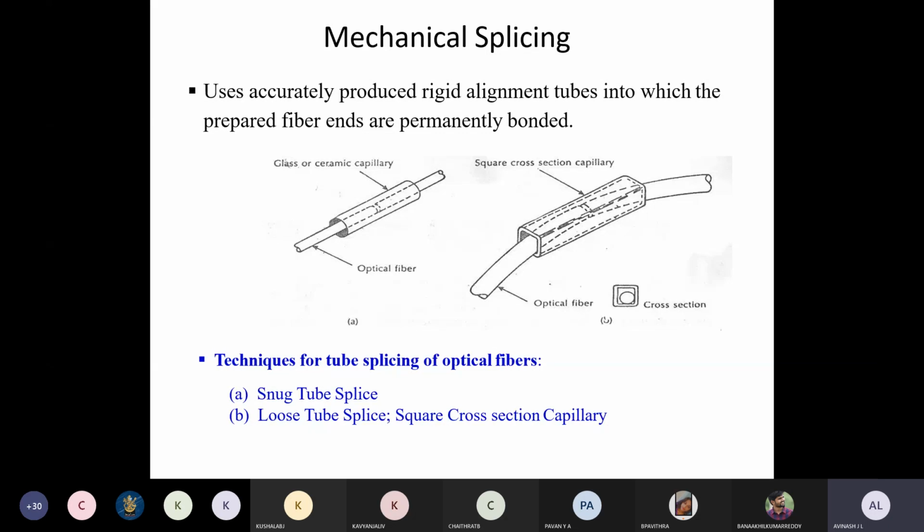So here permanent bonding is taken care of. Here we have a glass or ceramic capillary. A square cross-section capillary is shown here.